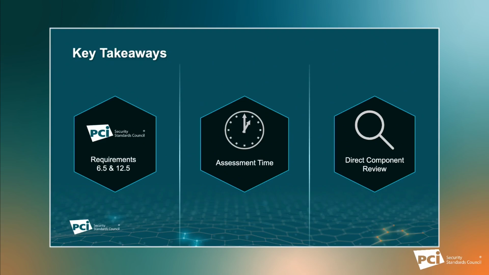The documented scoping information in requirement 12.5 is a fantastic resource when considering a move to infrastructure as code. Change management processes in requirement 6.5 are also critical and must be more sensitive to the types of changes that can be introduced through infrastructure as code document updates. Leveraging infrastructure as code rarely shortens an assessment, so assessors should ensure that appropriate review time is allocated to enable a thorough review of infrastructure as code components and processes.